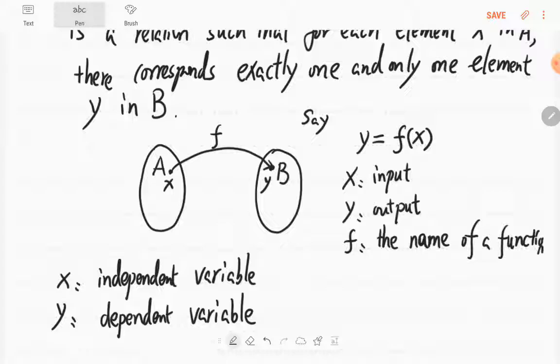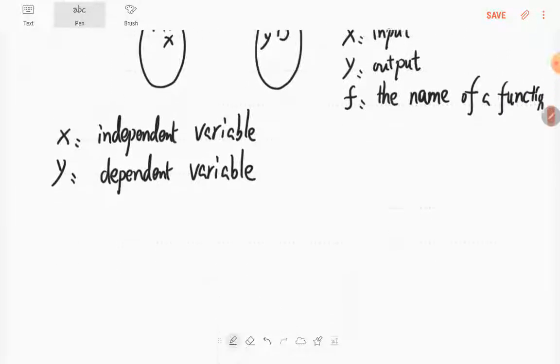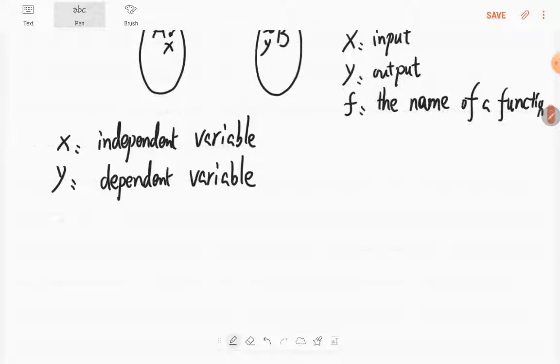So now let's look at several examples. Oh, we should say more. A is called the domain of the function f, which is the set of all the values you can input.